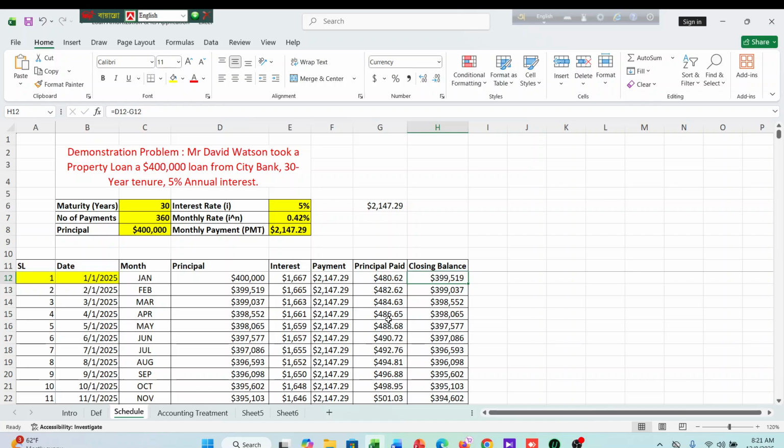From the next series, we will see how we post it in the journal, in the ledger, in the trial balance, in the balance sheet, and in the income statement, and how we also manage these loans in accounting software like Xero and QuickBooks, which helps our understanding much more.